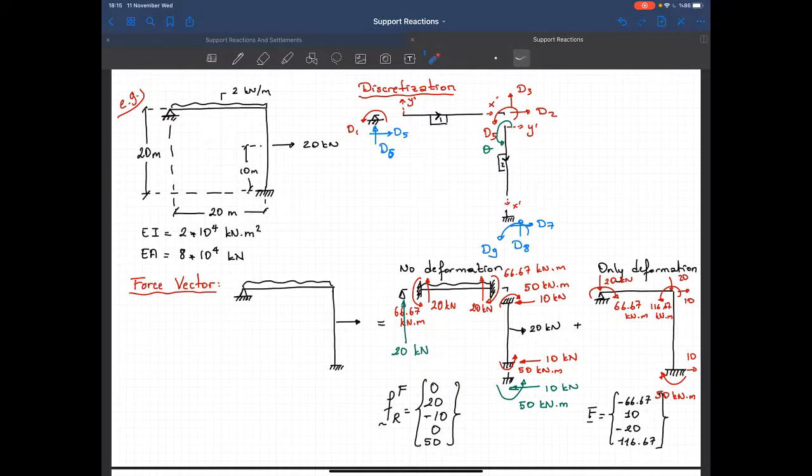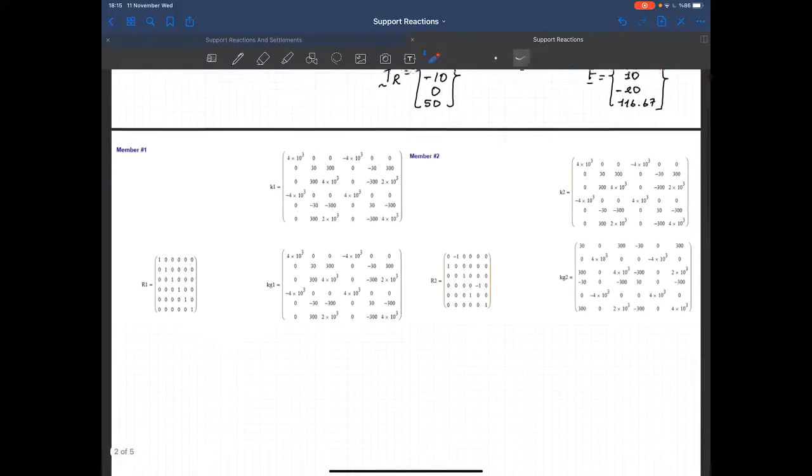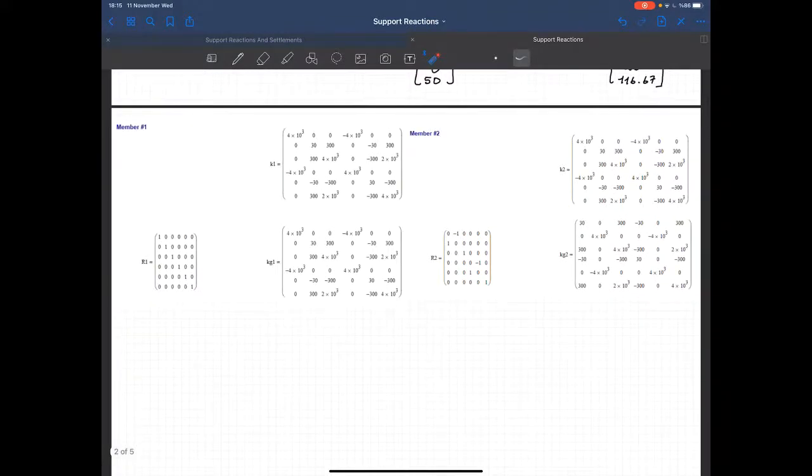Okay. So let's continue. Now I will assemble the element structural stiffness matrix, and these are my matrices. This is the local element stiffness matrix, global for the first member, local rotation matrix, and the global stiffness matrix. Okay, so let's determine the mapping.